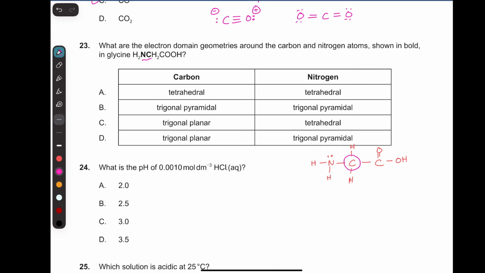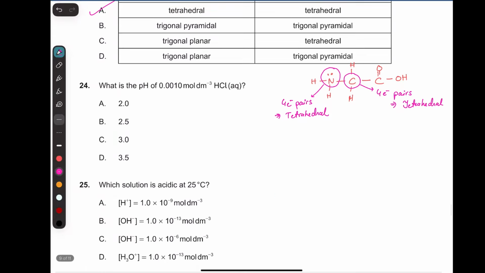So around carbon, you have four electron pairs. The carbon will have an electron geometry of tetrahedral. Around this nitrogen, you have four electron pairs. So again, this will be tetrahedral. So both will have a tetrahedral electron geometry, A.